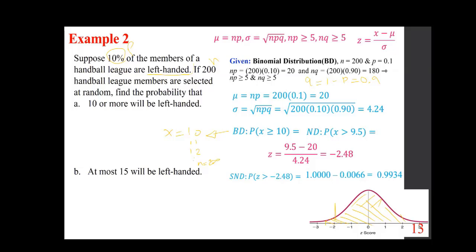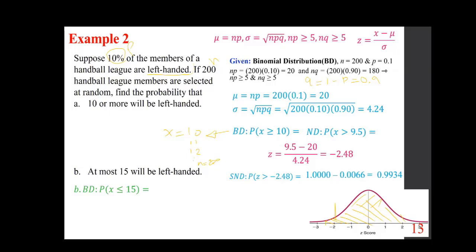Now, the next one says at most 15. So first, let's write the concept of at most 15 when it comes to binomial distribution. So this is what we are dealing with, at most. Whenever we are dealing with less than or equal, then we just add or subtract 0.5.